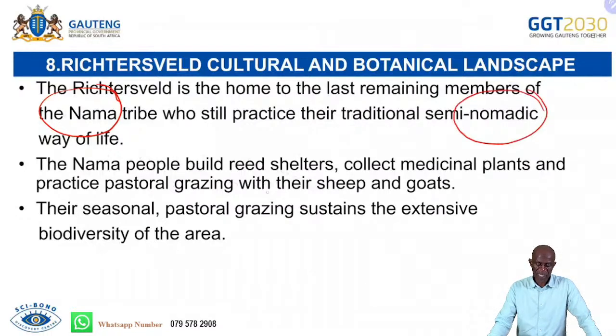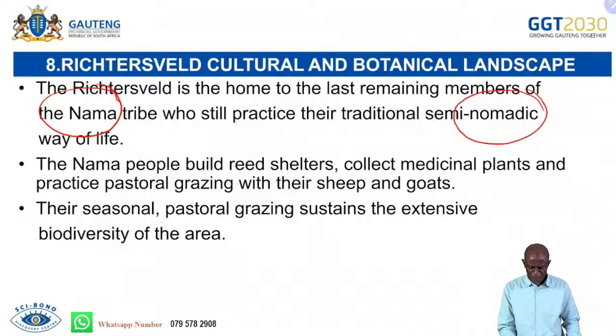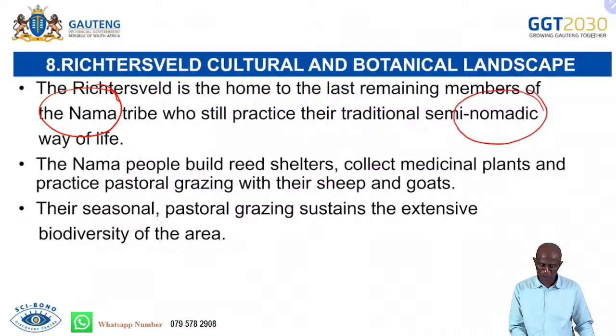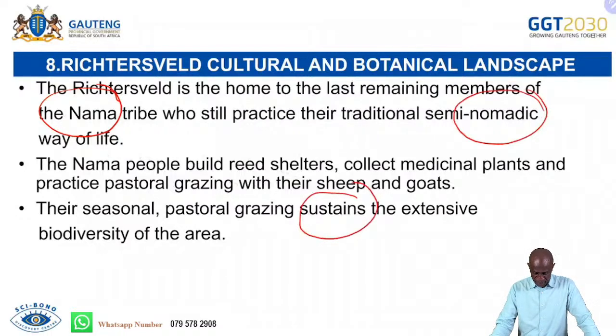Their seasonal pastoral grazing sustains the extensive biodiversity, because they are always on the move. After exhausting grazing of a particular area, they will move forward, and that in itself sustains the biodiversity of the area.